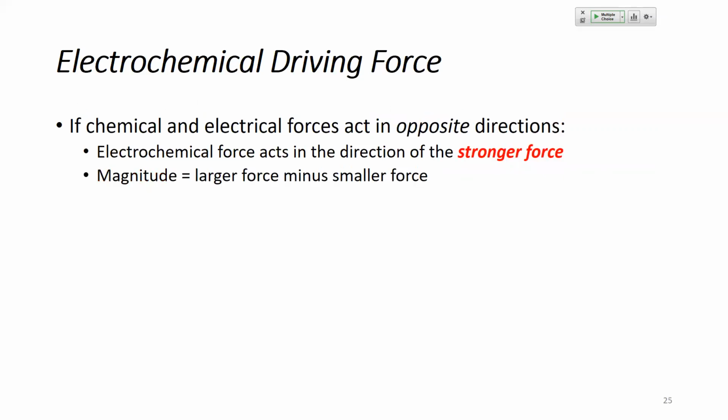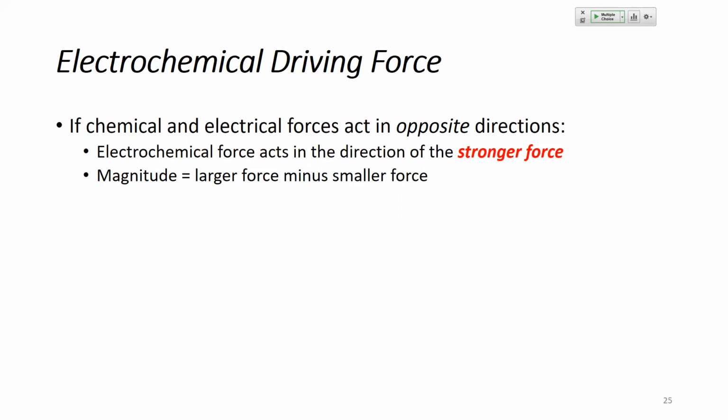Let's talk about what happens when the chemical and electrical forces are in opposite directions. Okay, so when this happens, the sum, or the electrochemical force, is going to act in the direction of the stronger force. So that's where we are going to have to decipher which of the forces is stronger, which of them is most dominant. Okay, and when we do that, the magnitude will be the larger force minus the smaller force.